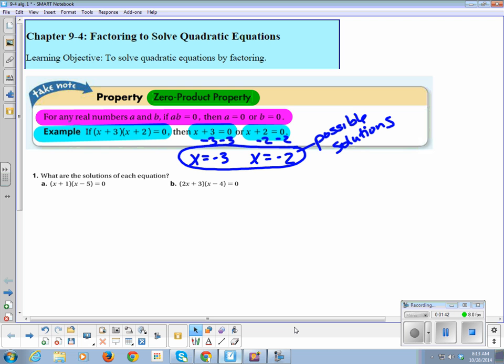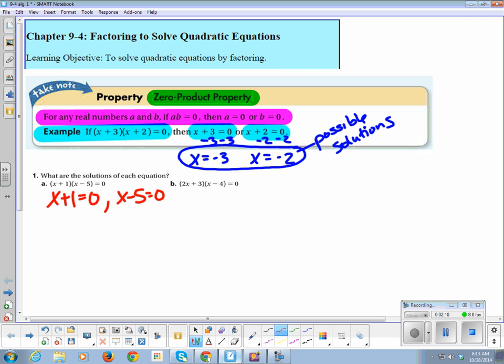So when we look at number 1, and it says x plus 1 times x minus 5 equals 0, we have two possible solutions, so we write both of them down. Either x plus 1 equals 0, or x minus 5 is equal to 0, and we have to solve both of them to find the possible solutions.